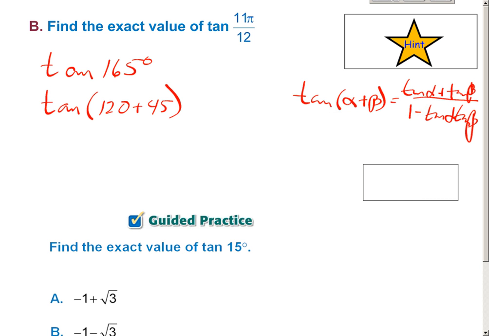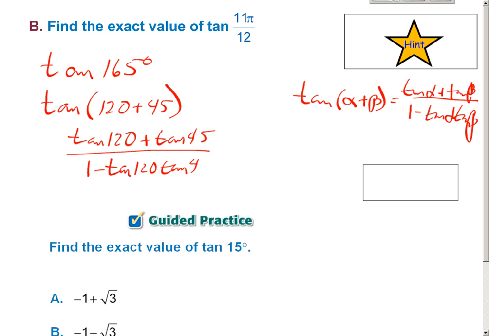Okay, so here we want the tangent of 120 plus the tangent of 45. I like when tangent of 45 pops in there because that's one of the easiest ones to remember. Over 1 minus tangent 120 tangent 45.